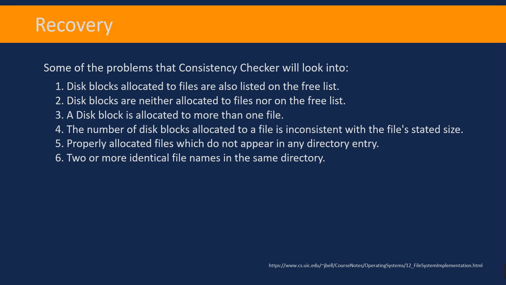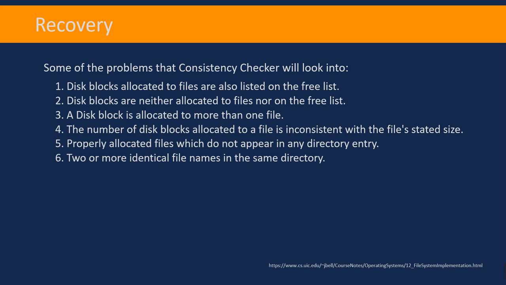Number four, the number of disk blocks allocated to a file is inconsistent with the file's stated size. Number 5, properly allocated files which do not appear in any directory entry. Number 6, two or more identical file names in the same directory. So, from the very beginning, you're not allowed to have identical names in the same directory.